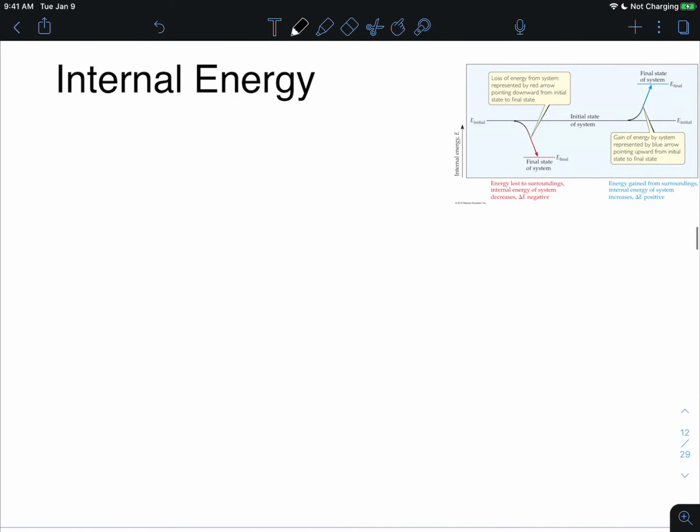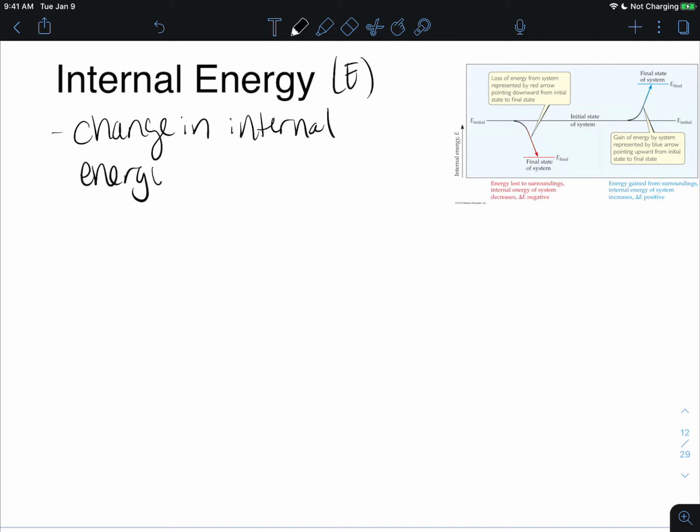A lot of times we look at what's called internal energy, which is given a big E. So we've looked at internal energy many times, although we have not called it directly that. It also can be seen as a U, just as a note. But our change in internal energy is going to be given as delta E is equal to E final minus E initial.